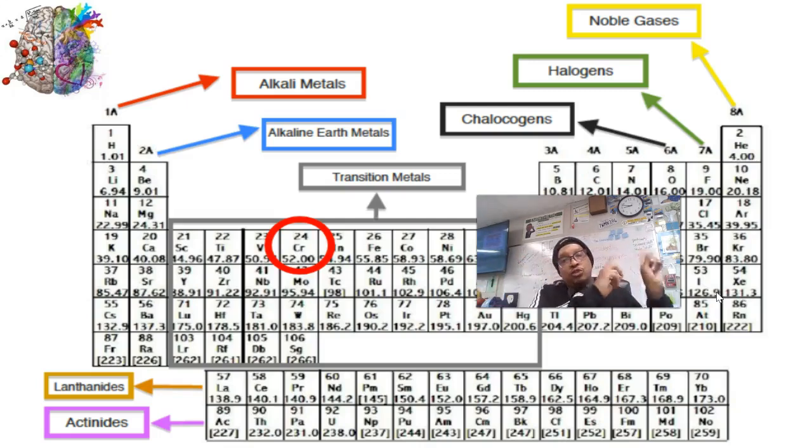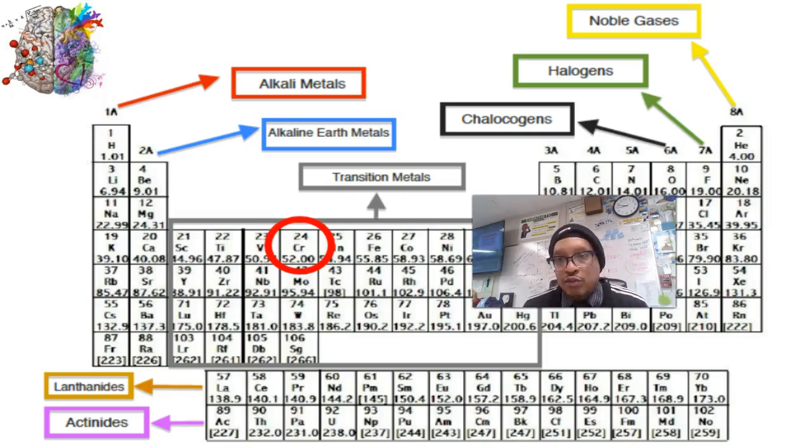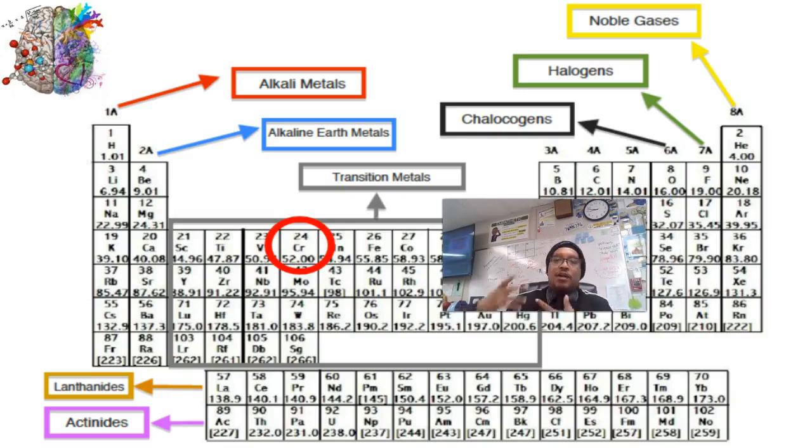And as you go to the right, you got a lot of gases. There are the chalcogens, and those aren't as talked about, but you got oxygen, sulfur, selenium. So I just wanted you guys to have a general idea and layout. This is nothing that is going to be on the test. I just wanted you to have some information about the periodic table.